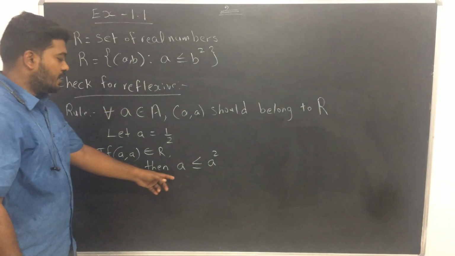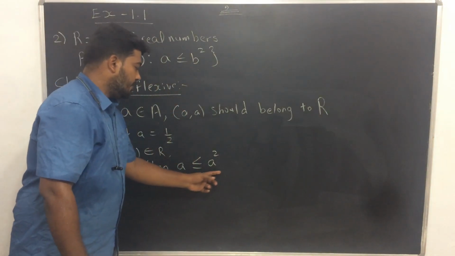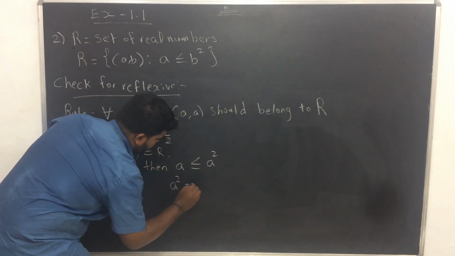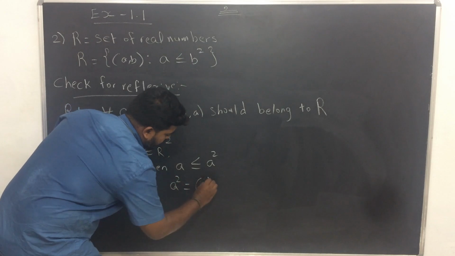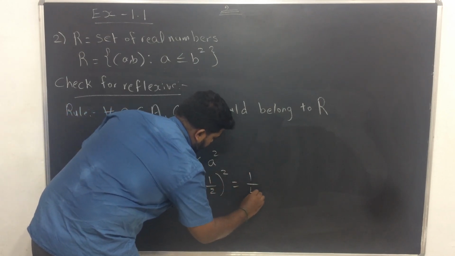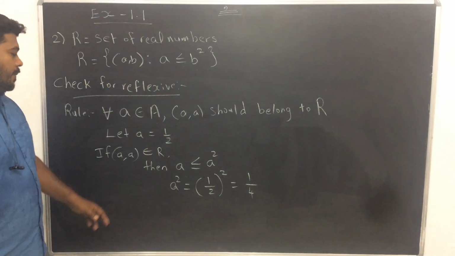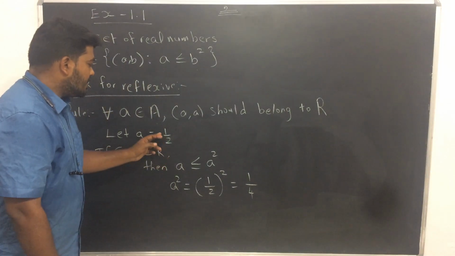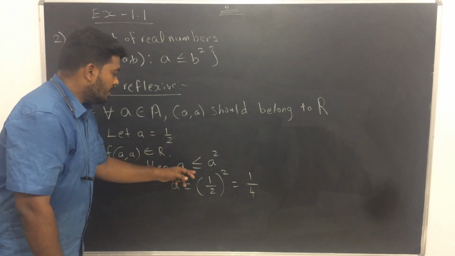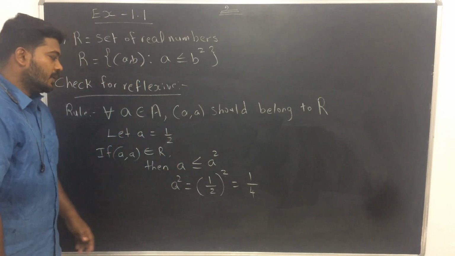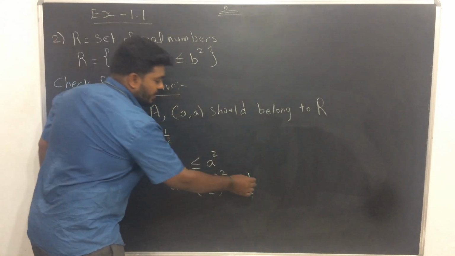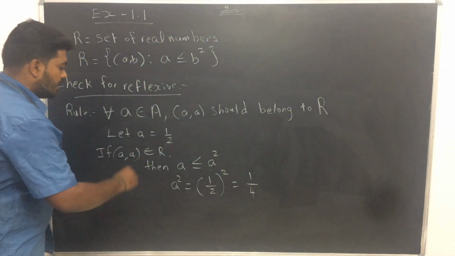This is what the relation should be. Now, what is a square? A square is 1 by 2 the whole square, which is equal to 1 by 4. Here, is 1 by 2 less than or equal to 1 by 4? The answer is no, because 1 by 2 is greater than 1 by 4.